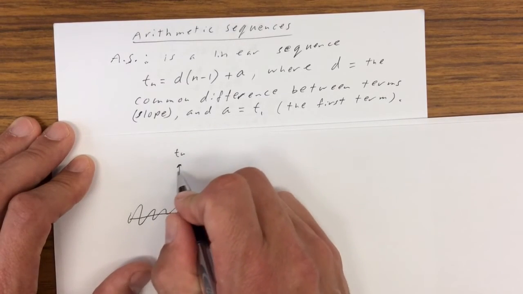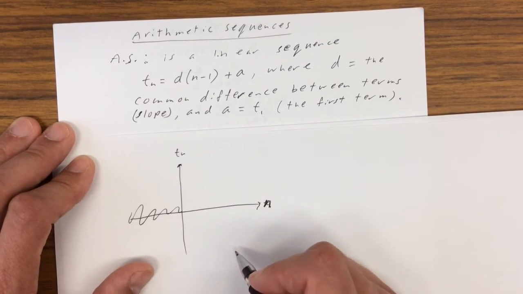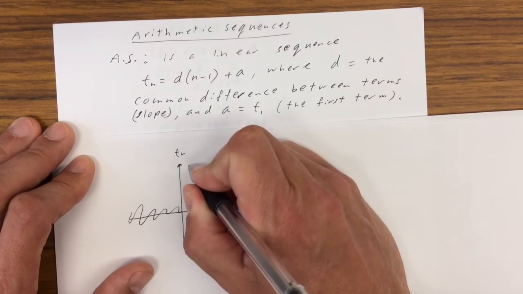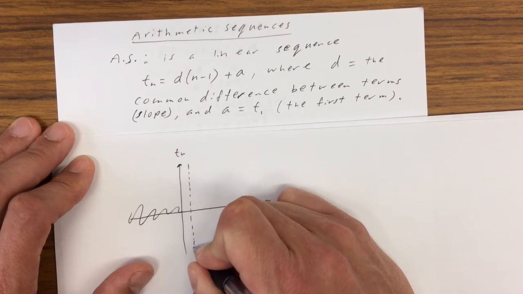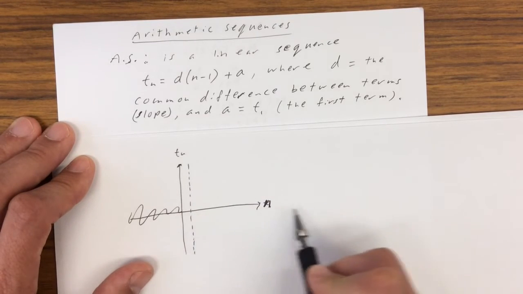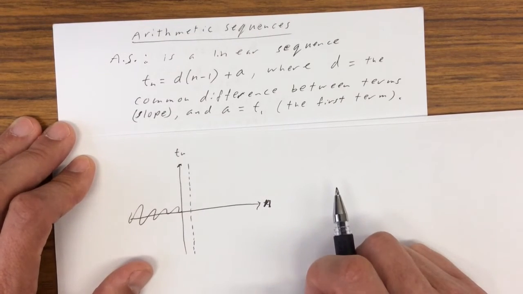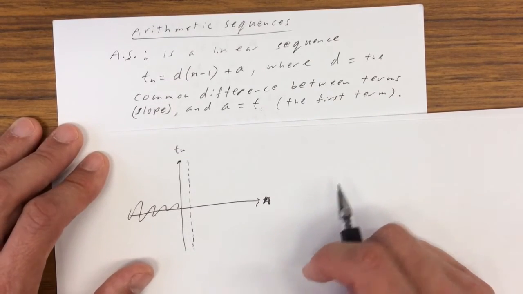In fact, you wouldn't even have 0. So you wouldn't even see the Tn axis. You would see it starting from 1. Okay, so that would be the beginning of your graph for an arithmetic sequence, or any sequence.